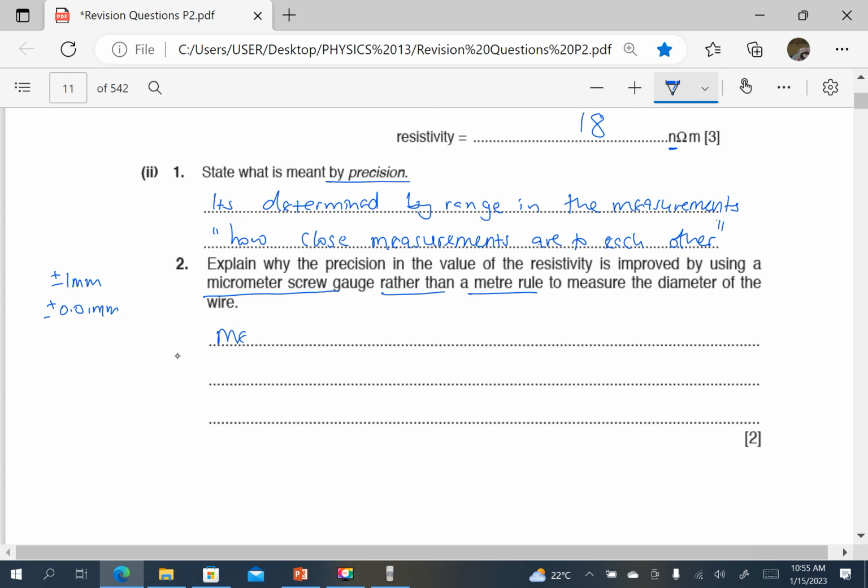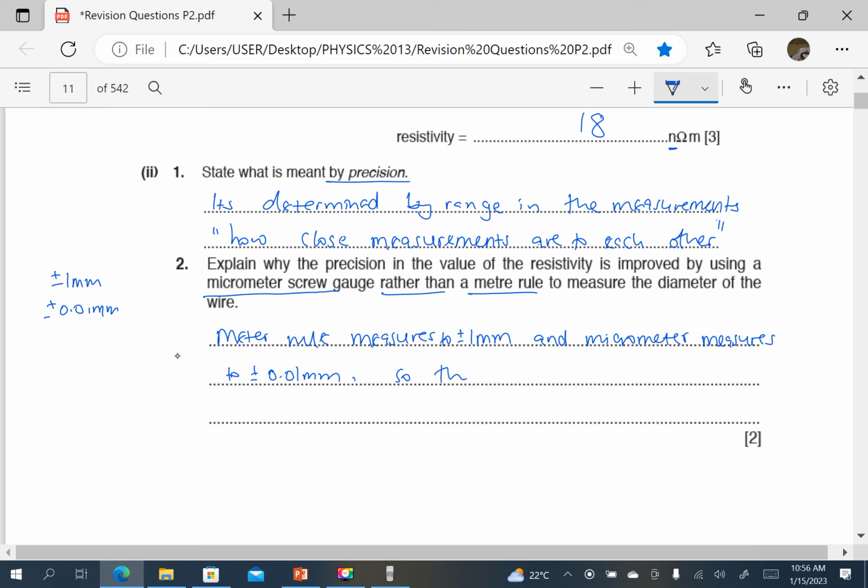So the meter rule measures to plus or minus 1 millimeter, and the micrometer measures to plus or minus 0.01 millimeters.